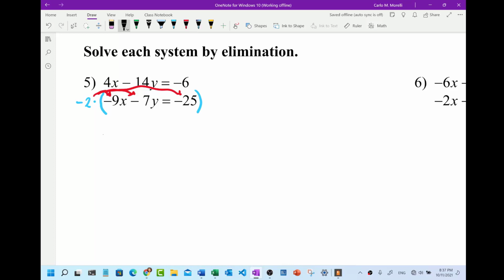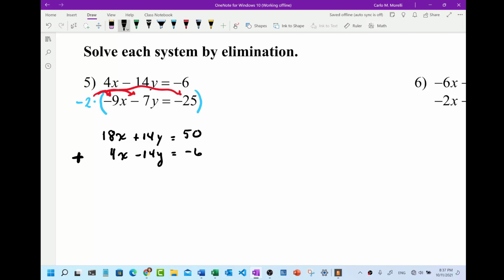I'm going to get 18x plus 14y equals positive 50. Now just write the top equation underneath this one. 4x minus 14y equals negative 6. And what we're going to do is elimination by addition.